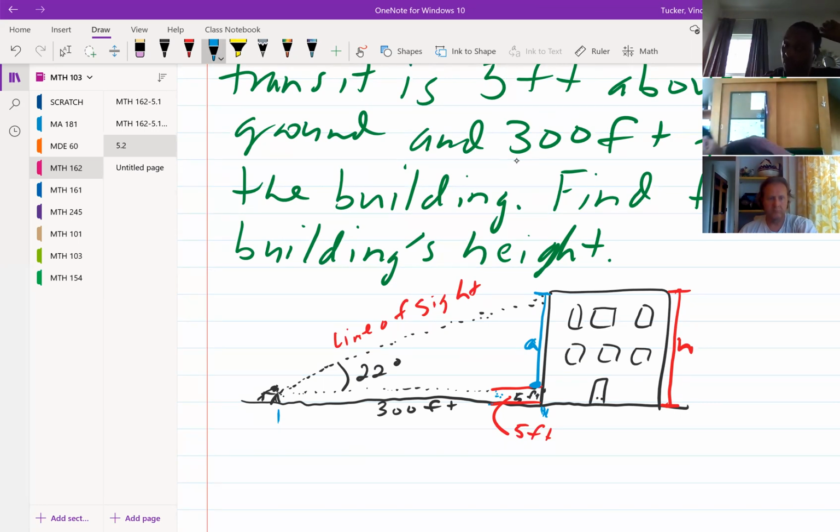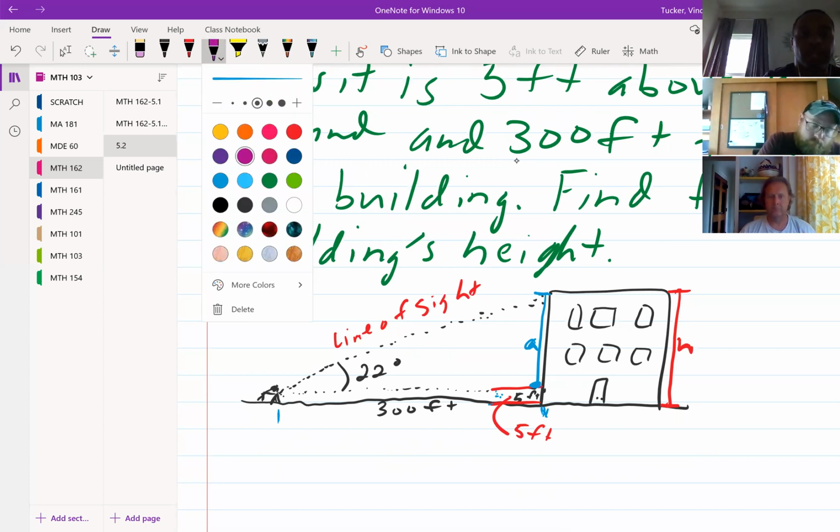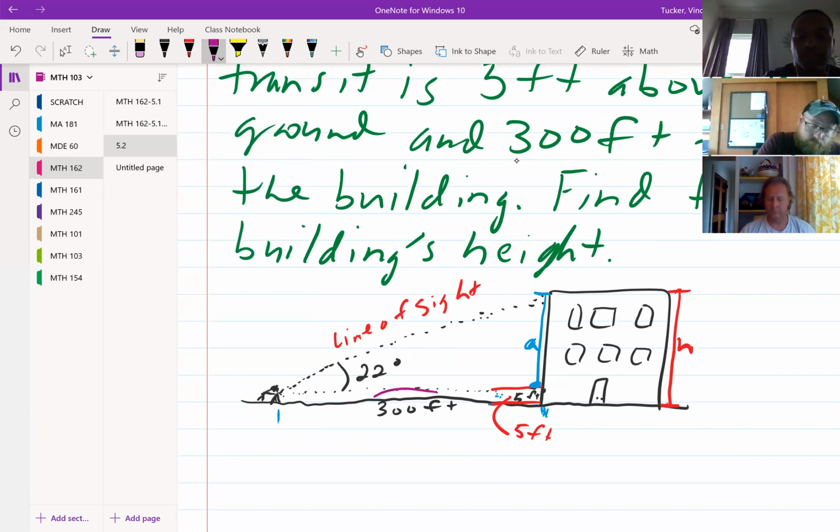But let's look at what number A would be. We have our angle, which is 22 degrees, and we want to include in our calculation this 300 feet and A. So remember, sine is opposite over hypotenuse. Cosine is adjacent over hypotenuse.